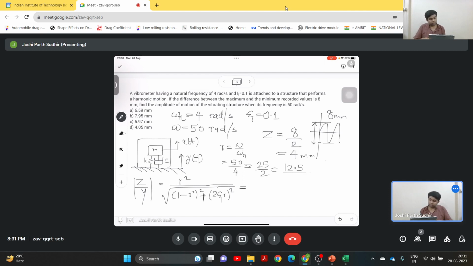The value of this expression of z by y is equal to 12.5 square upon square root of 1 minus 12.5 whole square plus 2 into zeta into 12.5 whole square, where zeta is equal to 0.1.